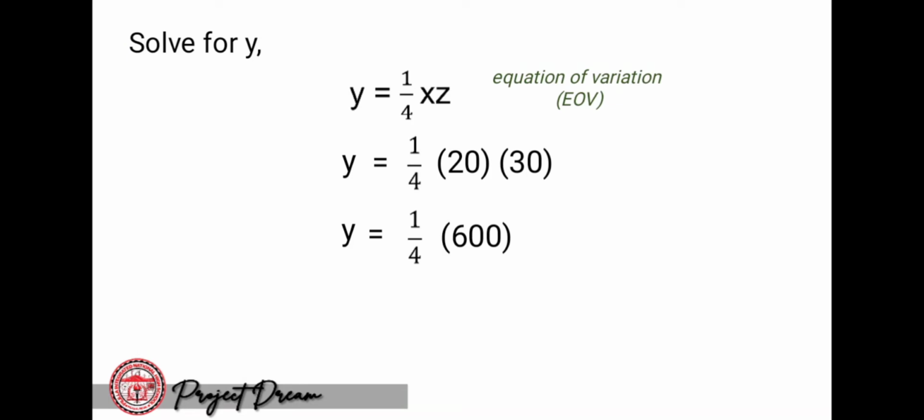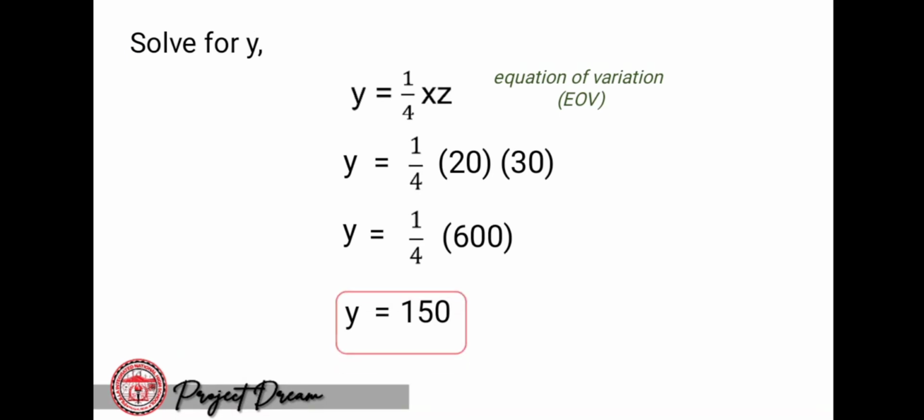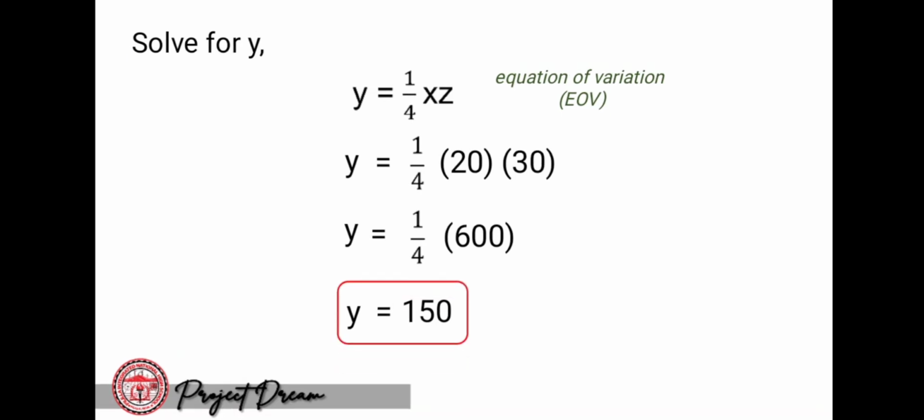Now, we will simplify 1/4 times 600. So, kopyahin natin si y equals 150. Therefore, y is equal to 150 when x is equal to 20 and z is equal to 30.